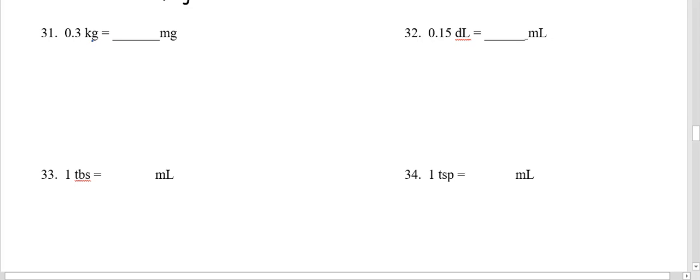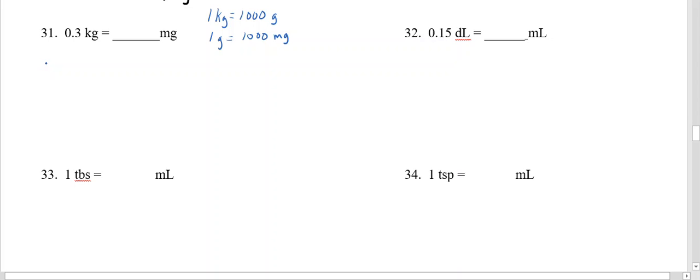Because remember, 1,000 grams equals 1 kilogram, so a kilogram is large. A milligram is real small. 1,000 milligrams equals 1 gram. So I'm going to make 2 conversions. I'm going to use the 1 kilogram equals 1,000 grams, and then 1 gram equals 1,000 milligrams.